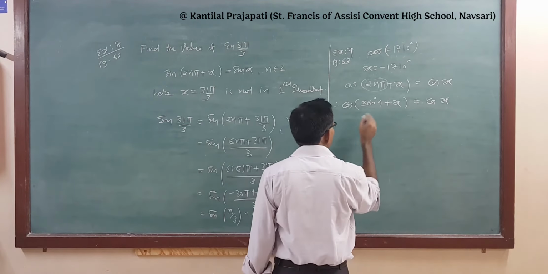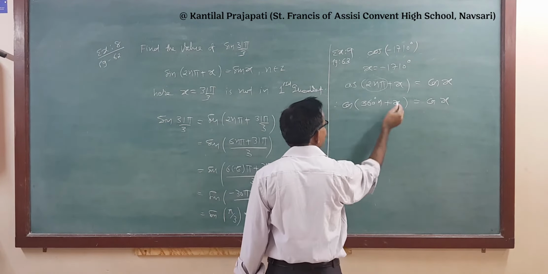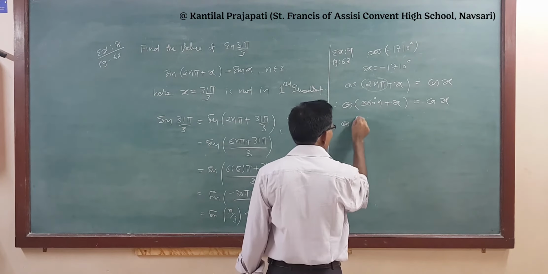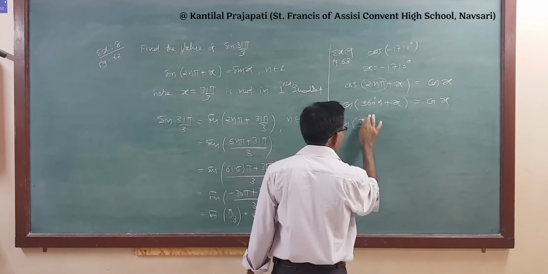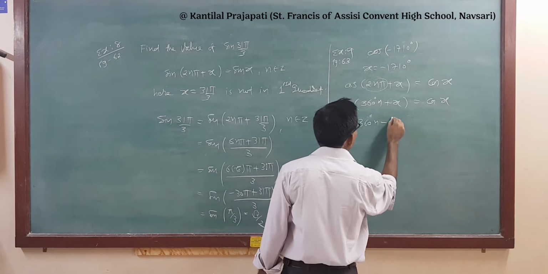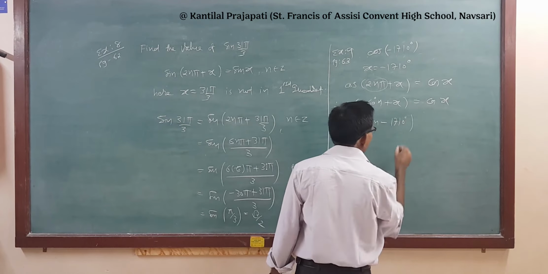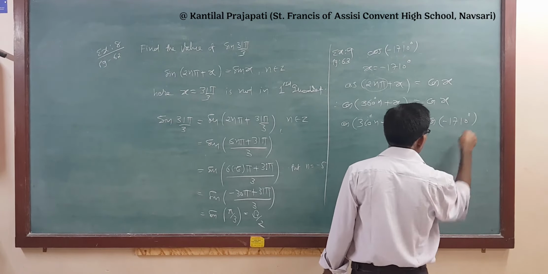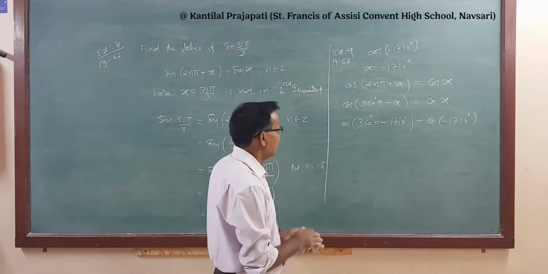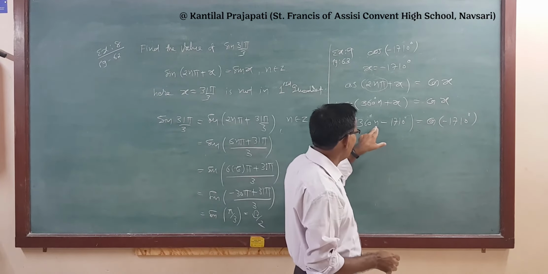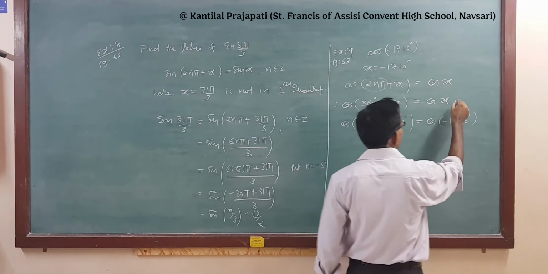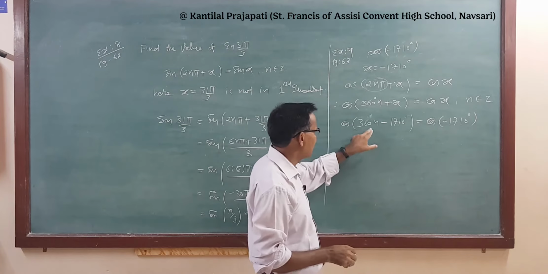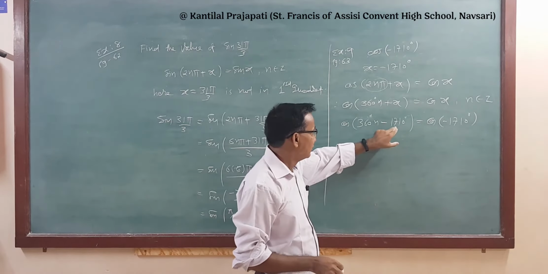So now put x equal to minus 1710 degree. So cos of 360 degree n plus minus 1710 degree is equal to cos of minus 1710 degree. Now choose the value of n. n belongs to Z. So choose any integer such that this product will be near to 1710 degree.